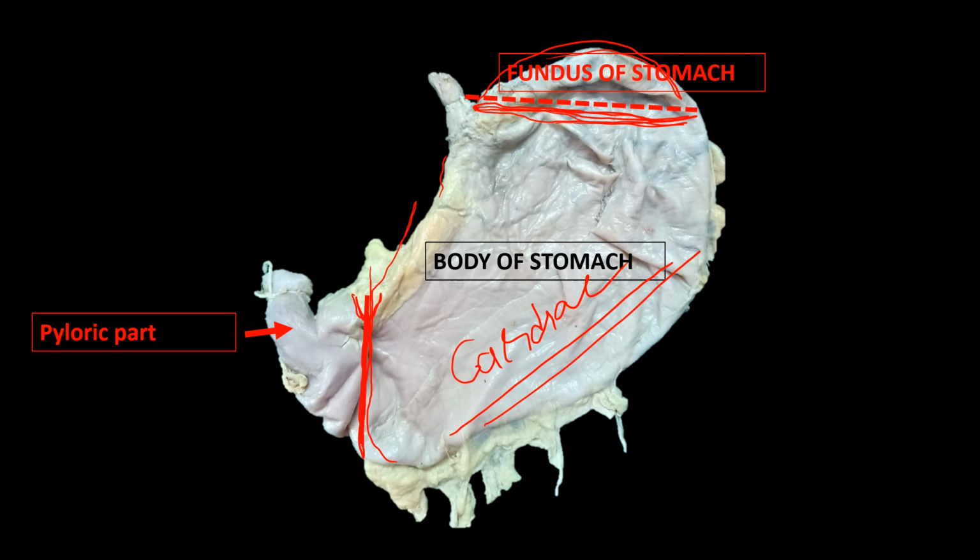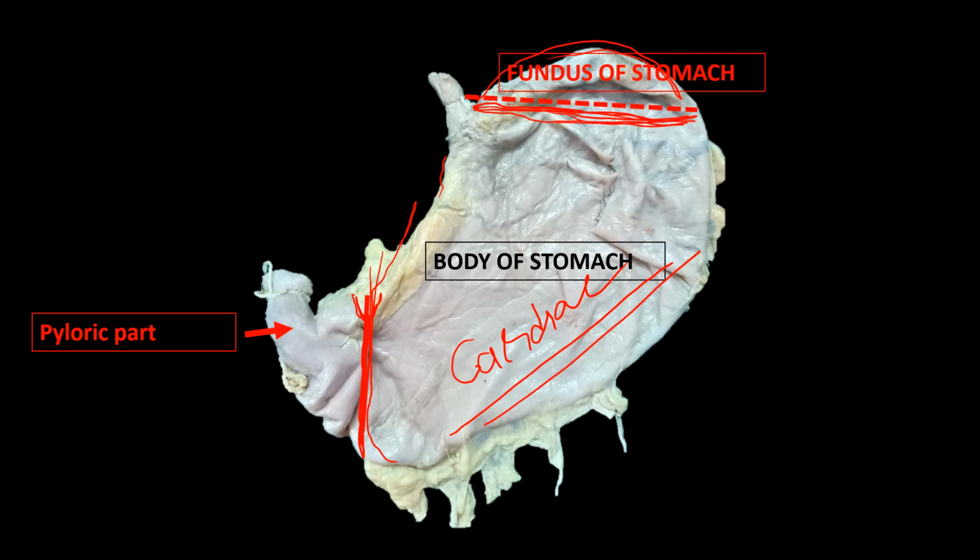It is convex in shape and it is generally filled with air. In X-ray, this air is visible just under the left dome of the diaphragm. It is also visible even in the empty stomach. The area between the horizontal and vertical line is known as body of the stomach.